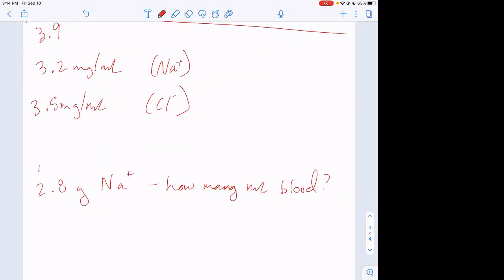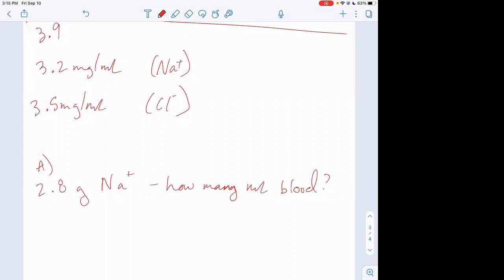So this is just part A down here. It says how many milliliters of blood would you need to obtain 2.8 grams of sodium? So in other words, in what volume of your blood would contain this amount of sodium? The challenging part here is that it gives you milligrams, but down here it gives you grams.